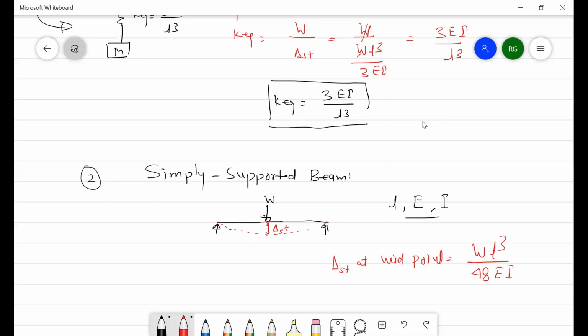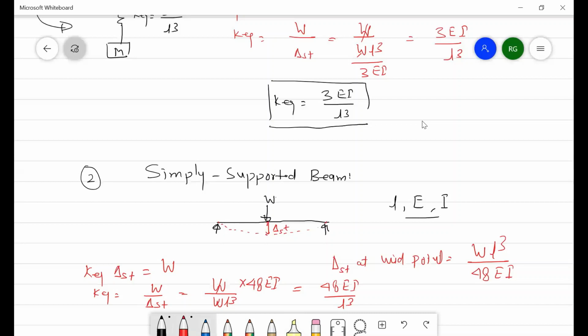Using this, we can find K equivalent multiplied by delta ST is equal to W. So K equivalent is W over delta ST, which is equal to W over WL cube divided by 48 EI. So K equivalent for a simply supported beam becomes 48 EI over L cube.